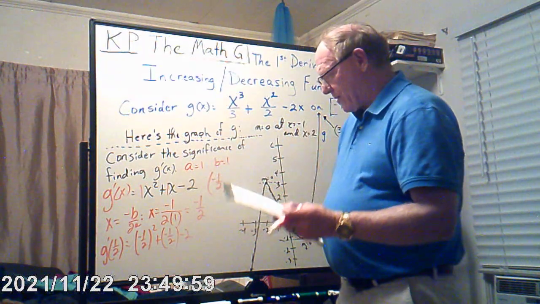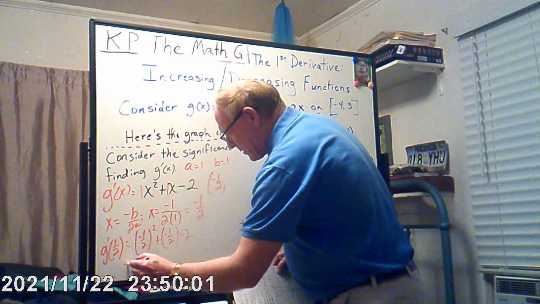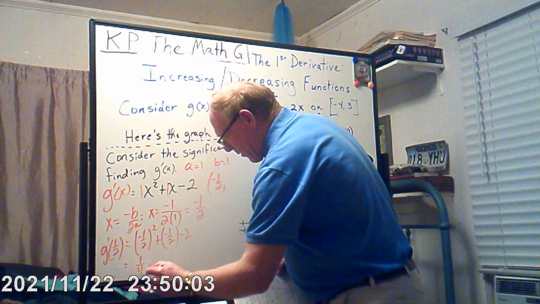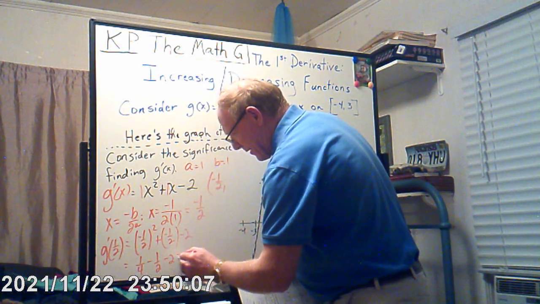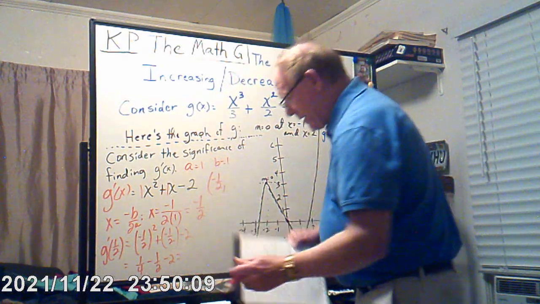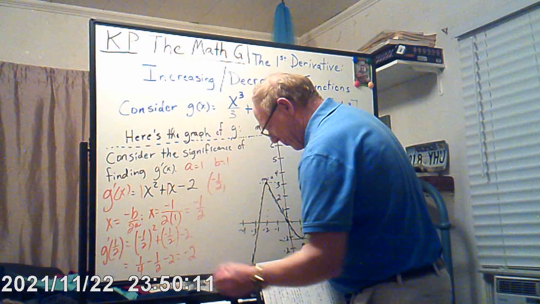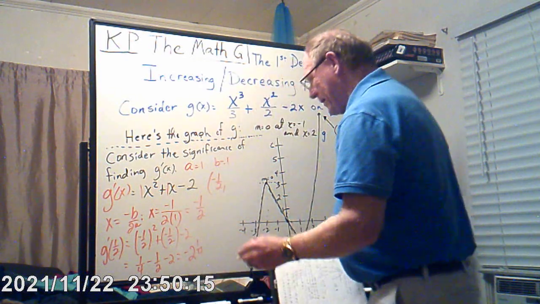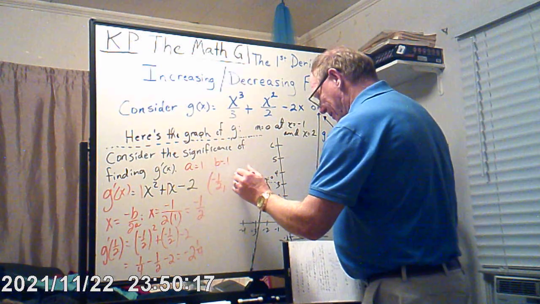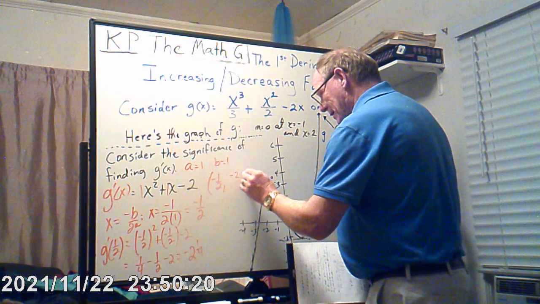When you plug this in, this is actually 1/4 minus 1/2 minus 2, and that equals negative 2 and 1/4. So at negative 1/2, this is negative 2 and 1/4.